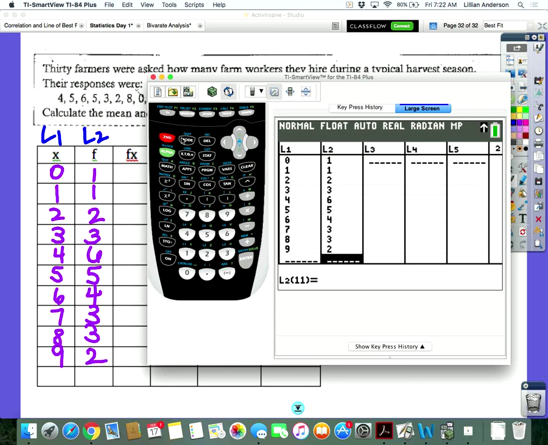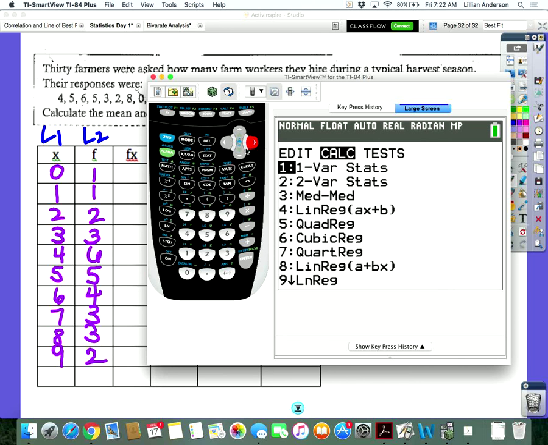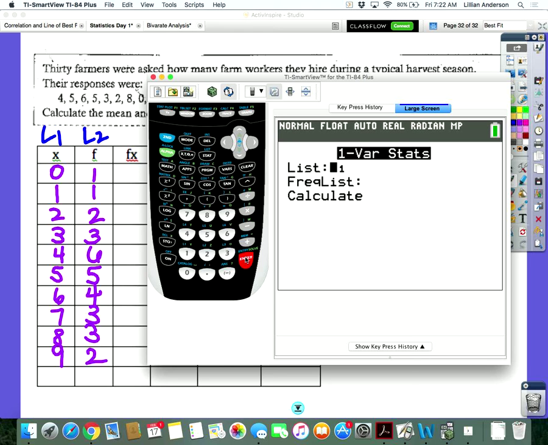So what I'm going to do is go to Stat, over to Calc, and go to 1-Var Stats. 1-Var Stats is going to allow me to pull up all the information about this data. My calculator is probably different from the majority of yours, but I'll talk about both versions because you do need to know both.